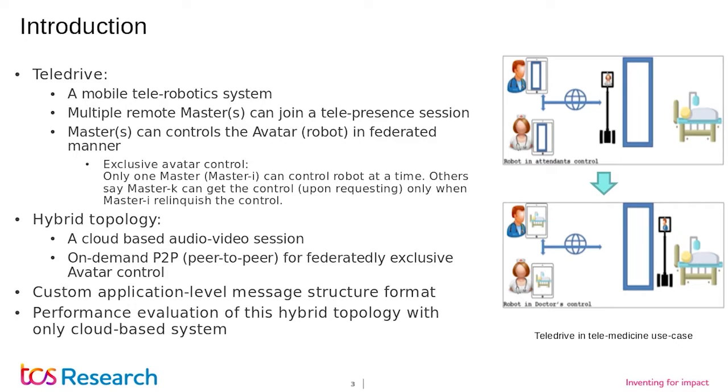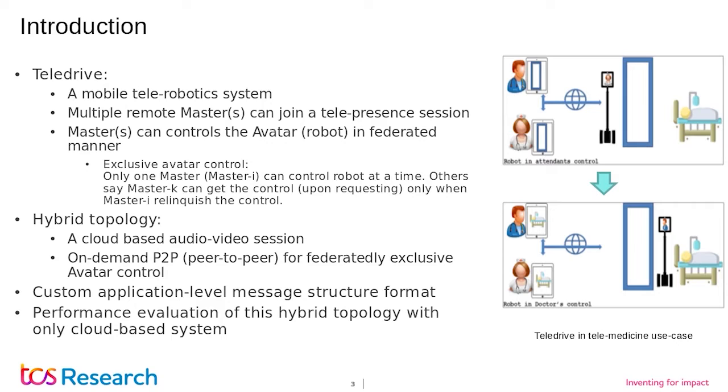I am going to explain this in a very simplistic telemedicine use case, where one remote doctor wants to inspect his patient from a different geographic location. The patient has been admitted to a local hospital, and a local hospital attendant is also there. The robot is now in the control room of the hospital, and she knows where the patient cabin is and where the control room is.